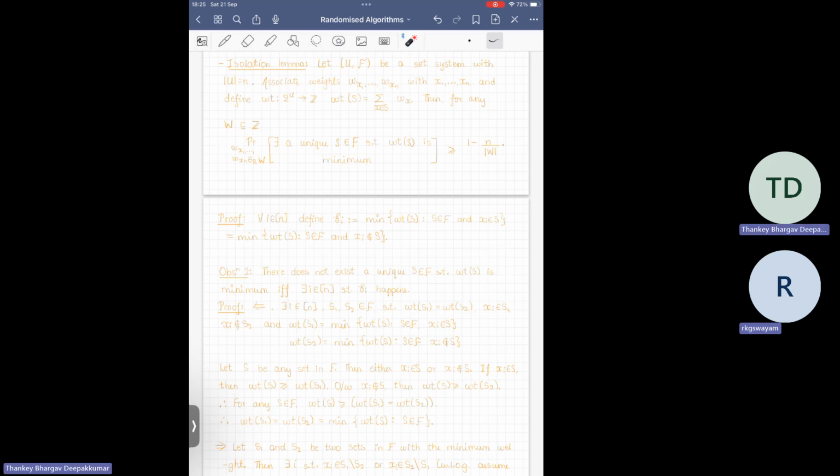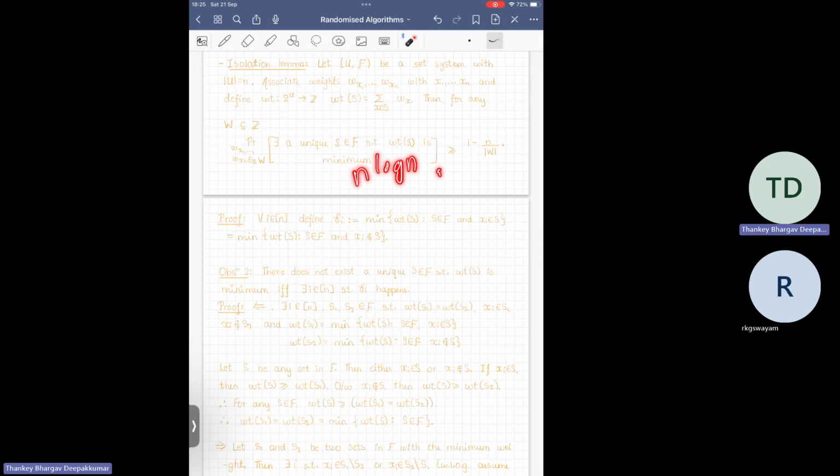Probably that is why, if the size of W had to be something like 2 to the m, that is 2 to the 2 times n factorial, then you would need log of 2 n factorial many random bits, right? And log of n factorial is n log n. So to just pick the random bits, you would need linear time.